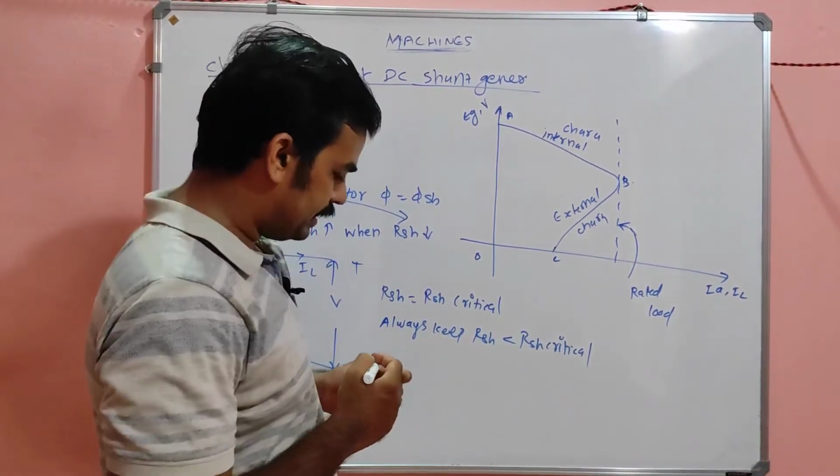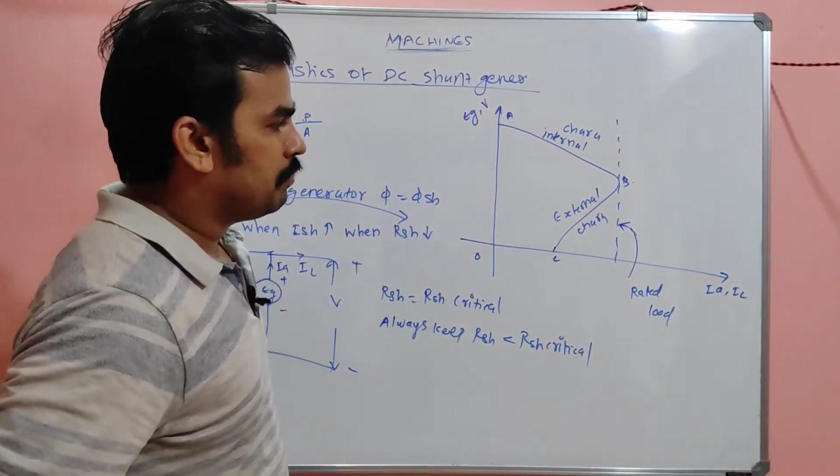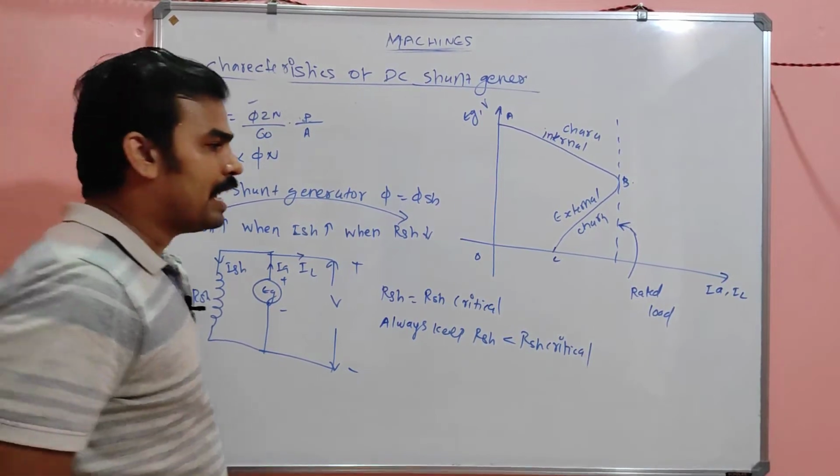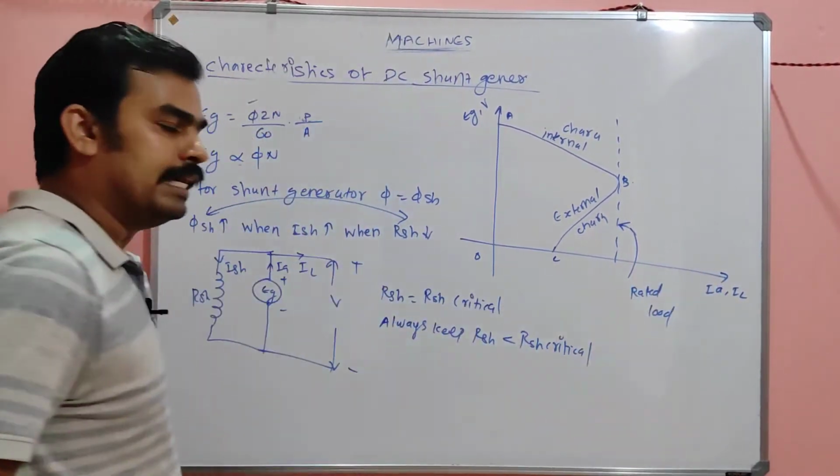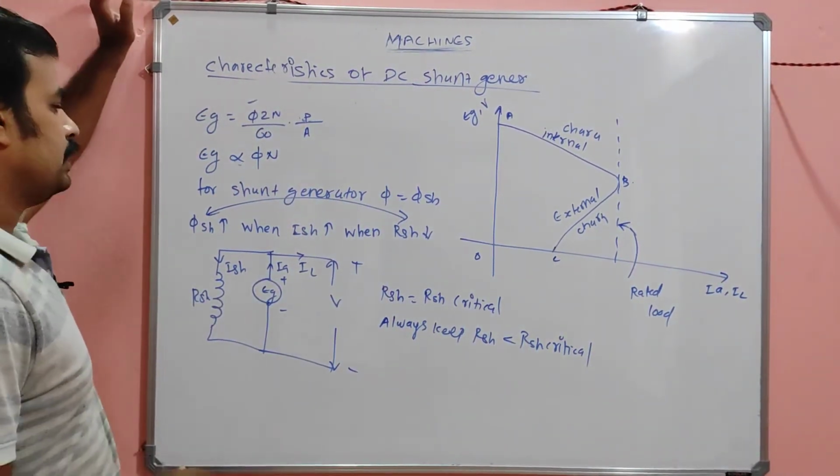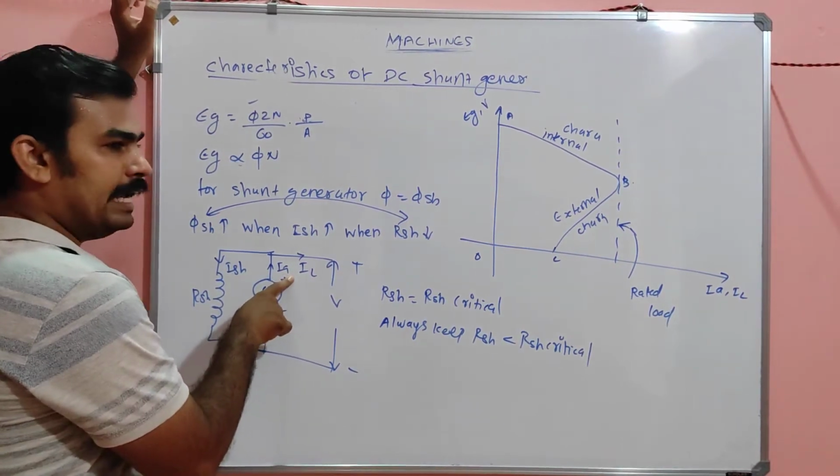What is the meaning of that? You can increase the value of IA. If you increase the load, ISH will always be constant for a shunt generator.